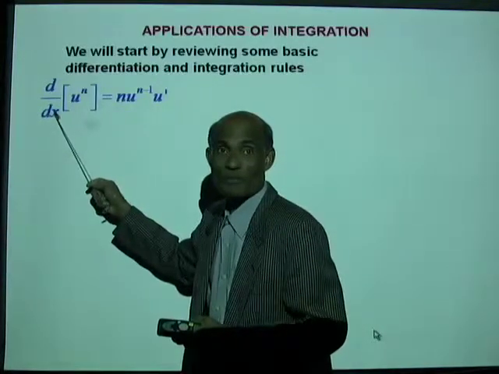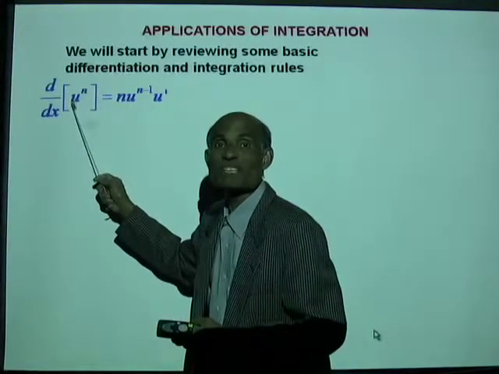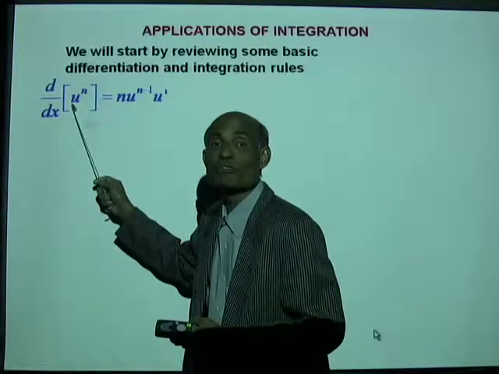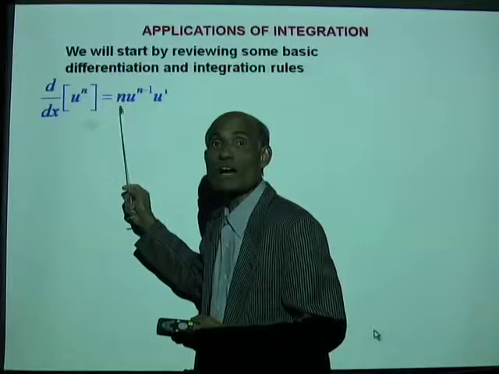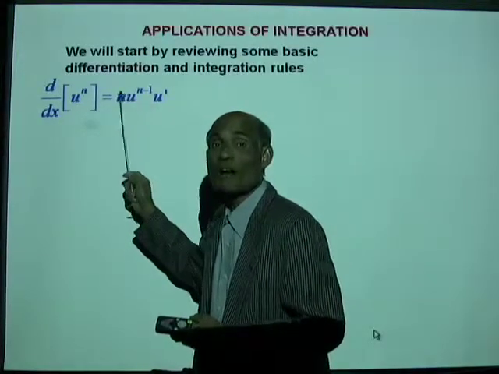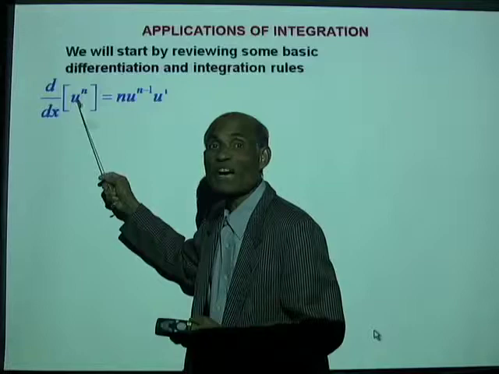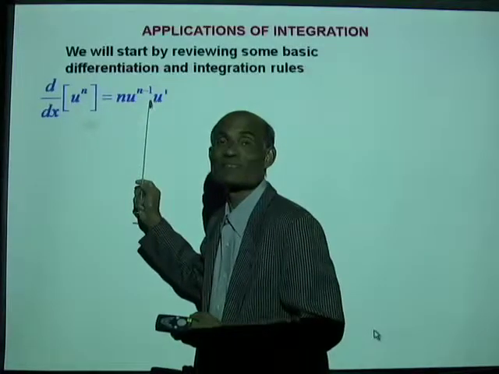For example, what is the derivative of sine cube x with respect to x? It will be 3 sine squared x times the derivative of sine x, which is cos x.